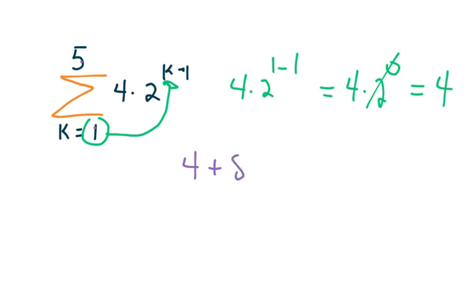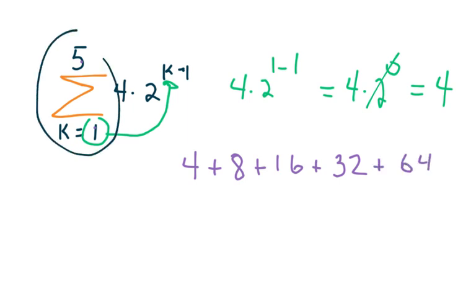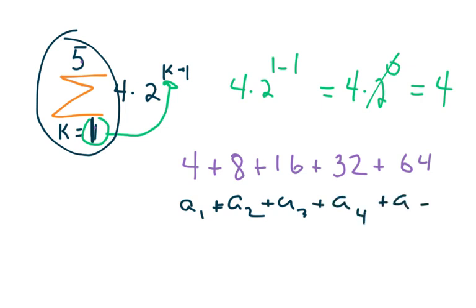So 8, 16, 32, 64. So this sigma here, remember that's a Greek letter, is telling me to add up from the first term, that's why the 1's there, all the way to the 5th term. That's what that notation represents.